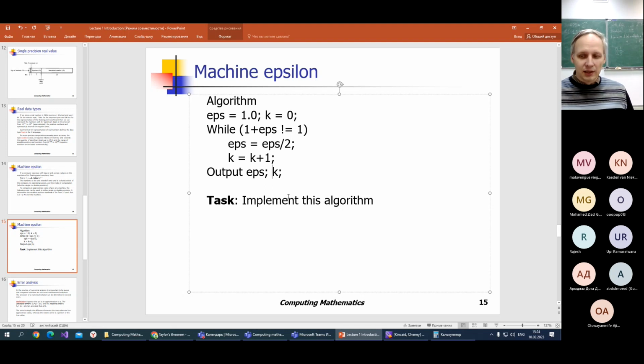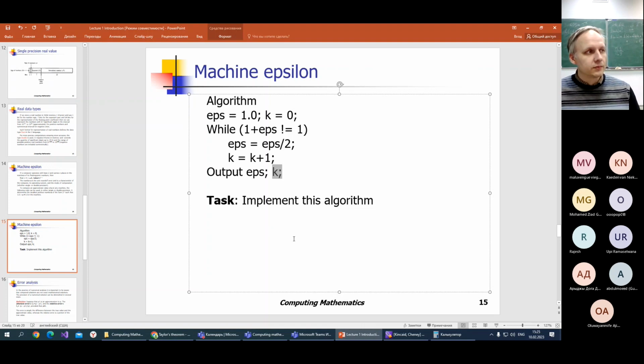Epsilon depends on the computer, on the data type. So we have to find the epsilon of our system. The task is to write this simple algorithm and to output the epsilon and k on your computer, in your programming language, because the epsilon may differ. It can be different for different programming languages.